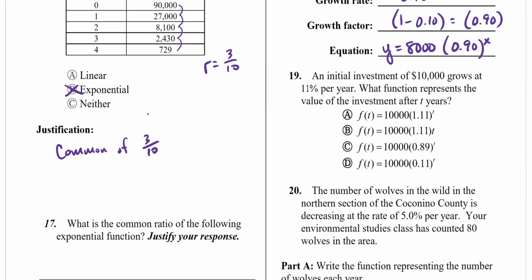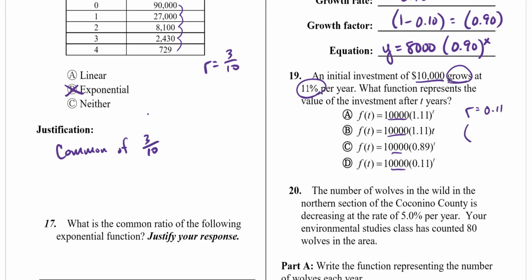19. Initial investment of $10,000 grows at 11% per year. What function represents the value of the investment after t years? So $10,000 is what we start with. Those all say 10,000. It grows at 11% per year. So my growth rate is 0.11.